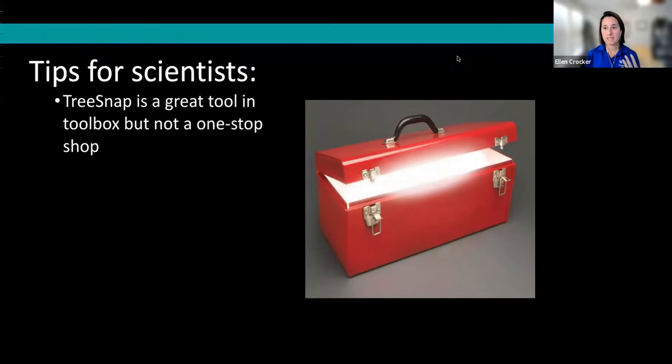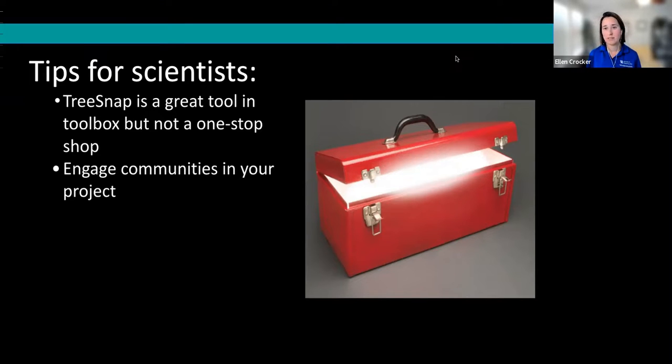So where we've seen this work best is where our scientist partners have really actively engaged a community, and they use TreeSnap as a data collection tool versus expecting just having their tree on TreeSnap result in lots of new submissions. Especially if you're working with something that's not that common, people might not know to submit it on TreeSnap all the time. And so if you're actively engaging a group, that's a great way to use it.